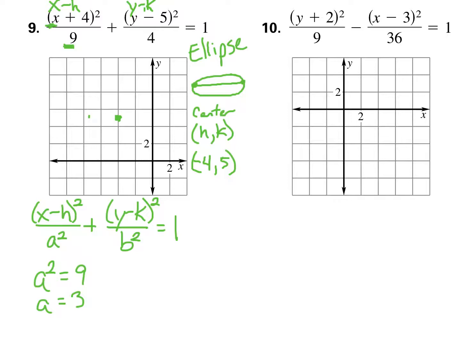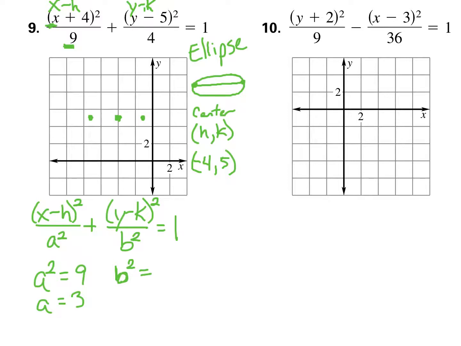So taking into account the fact that my units are 2 units per lattice point, I need to go 3 units to the left and then 3 units to the right, and that takes me kind of right in the middle of those squares. Okay, and then my b represents the distance from the center to each of my co-vertices.